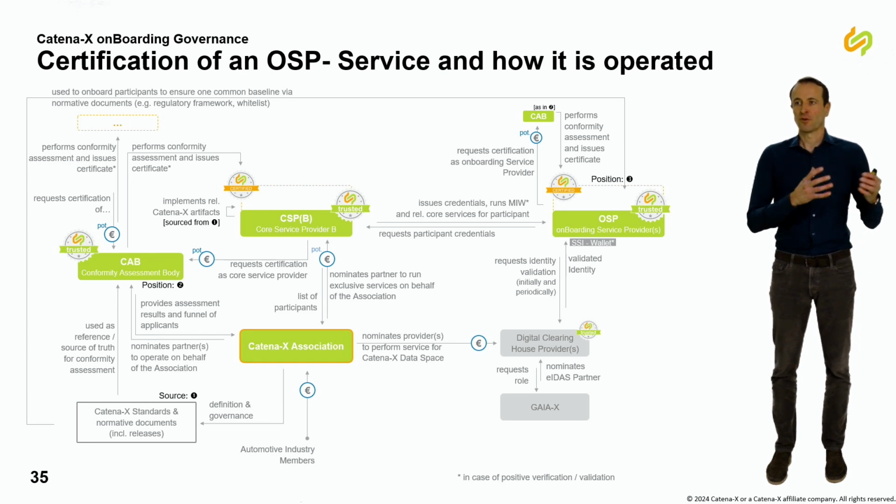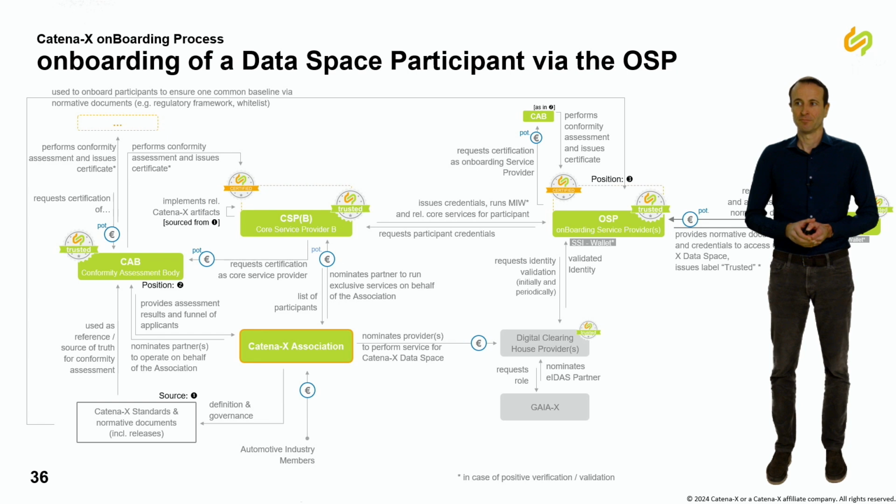They ask the conformity assessment body and say, please verify and assess that I have a proper implementation of those standards. The assessment will be done by the CAB, and once the assessment is positive, a certified seal and label will be issued. That's key. And then you have the seal and label of certified. For all the documents now, this is the trust body, what we have as baseline for all.